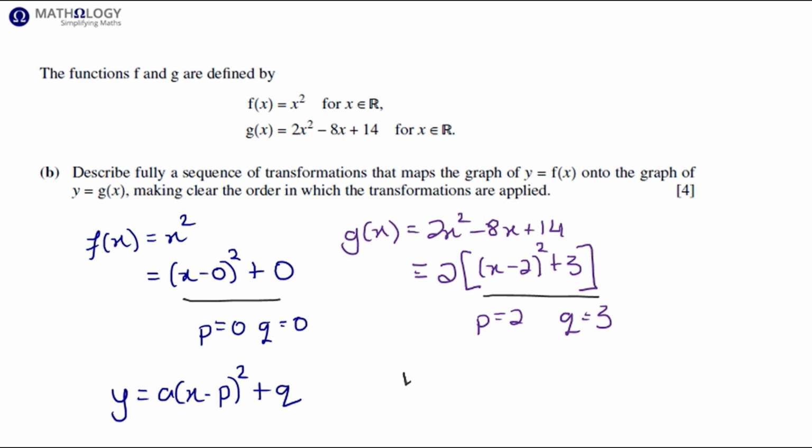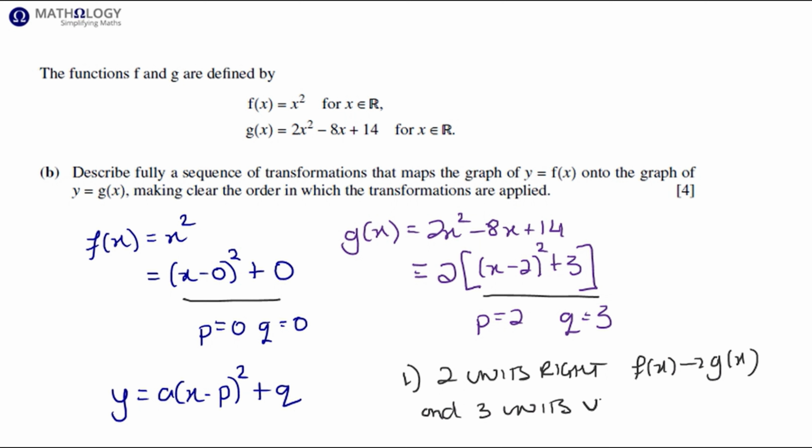So the first transformation in going from f of x to g of x will be 2 units right and 3 units up. So that's the first transformation, the horizontal and vertical shift.